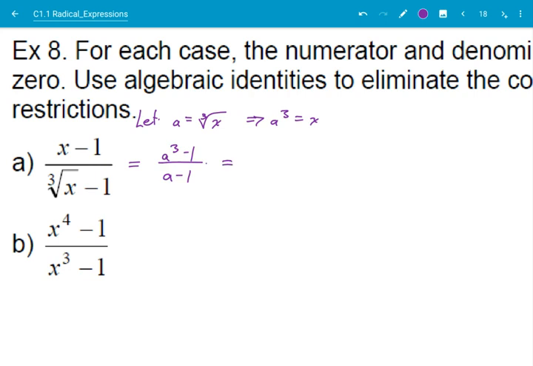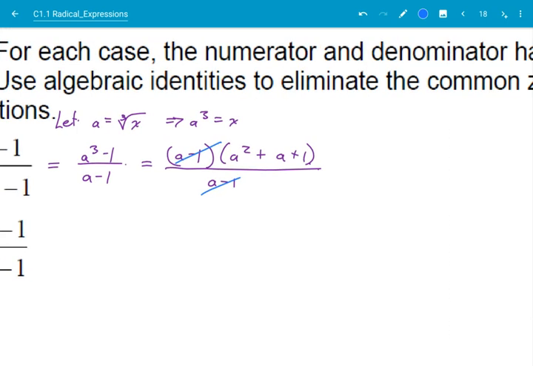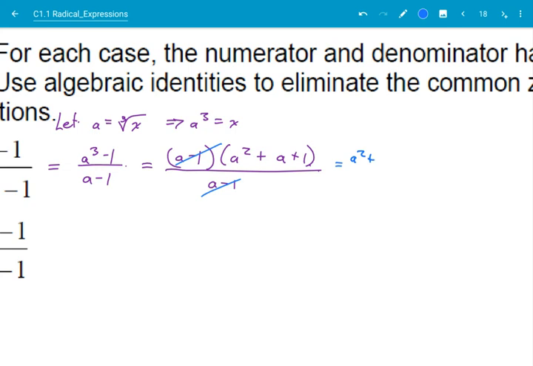So the difference of cubes is a minus 1, a squared plus a plus 1 over a minus 1. The a minus 1s cancel out, right? Leaving us with a squared plus a plus 1. Now putting back x, we have the cube root of x squared plus the cube root of x plus 1. And of course, a cannot be equal to 1, so x cannot be equal to 1.